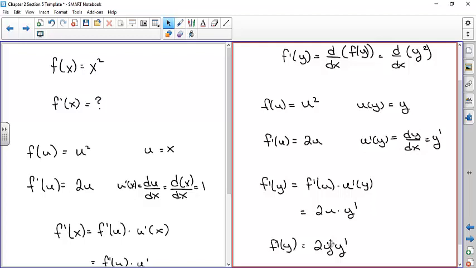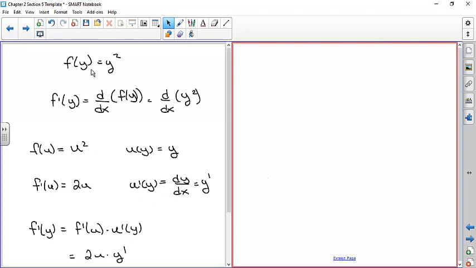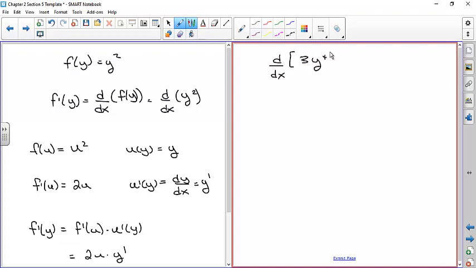Okay, let me give you a couple of examples of how that works. I don't have to go through the chain rule. I use the chain rule to point out why you end up with this extra y prime in your equation. So let's say I want to take the derivative with respect to x of 3y to the fourth.